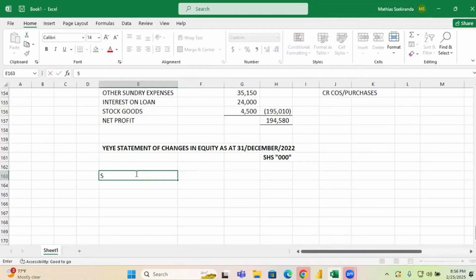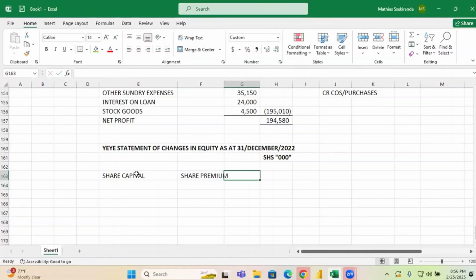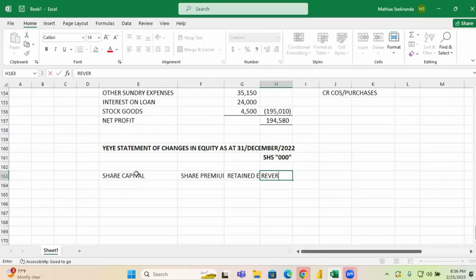One, we have share capital. We have share premium. Each component has its own column. We have retained earnings, which is a component of equity. We have revaluation reserve; remember, they revalued land.